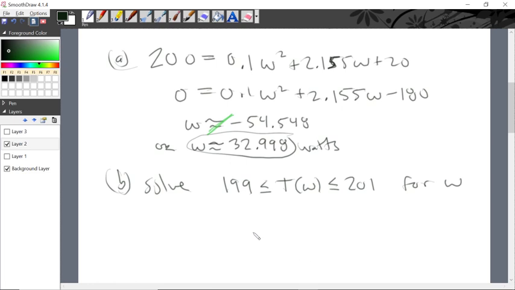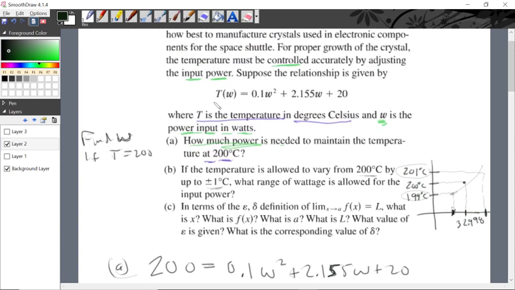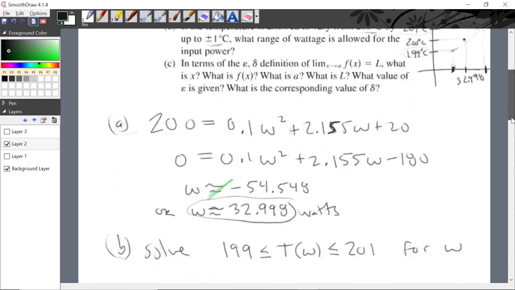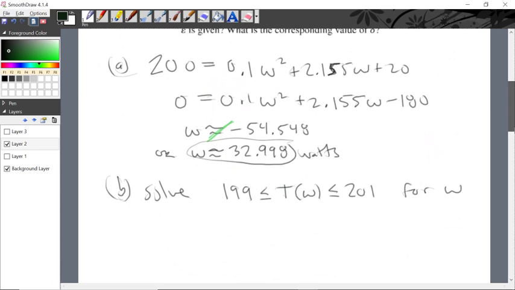What values of W do you get? Where the function T of W is the temperature function that was given right here. So you're solving for the input on the left boundary and the input on the right boundary. Let's take it to 3 decimal places again.